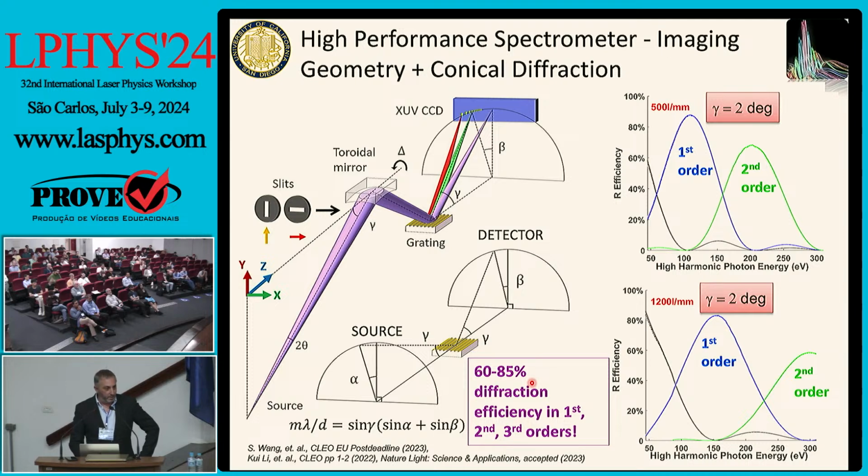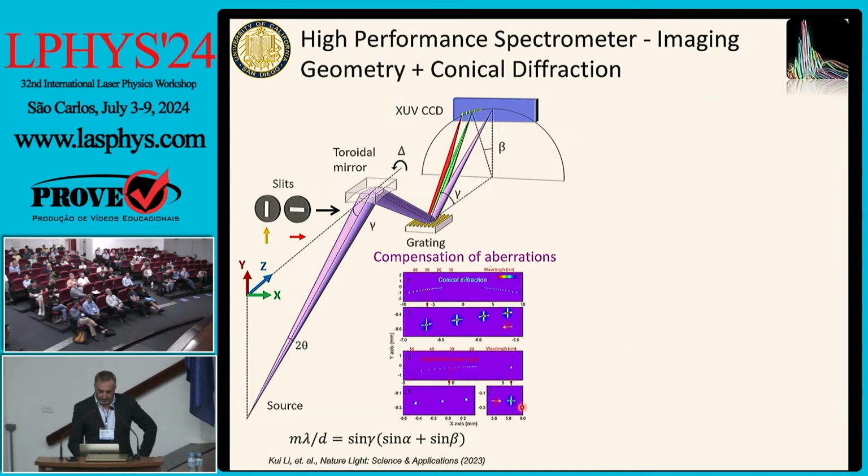Typically, a high harmonic spectrometer may have an efficiency of 1 to 10%. Here in some cases, we have efficiency of close to 85%. And S and P polarization allows us also to preserve the circular polarization of the X-rays in some regimes. In this regime, what we learn is how we can eliminate aberrations of the beams and use this geometry also as an imaging geometry, like a tunable X-ray mirror.